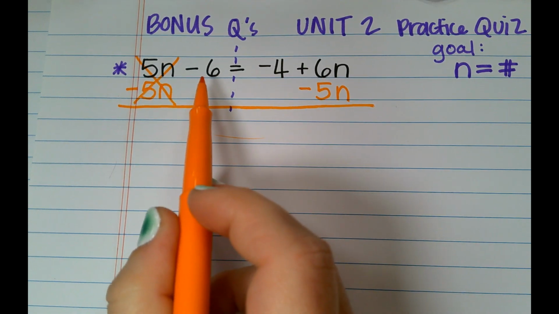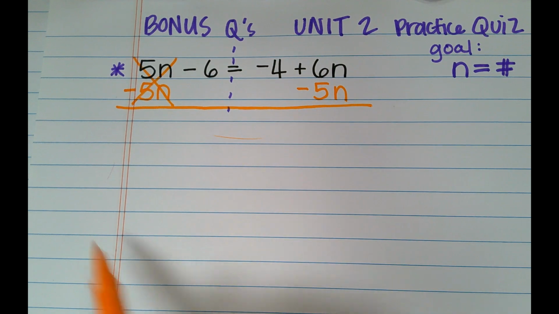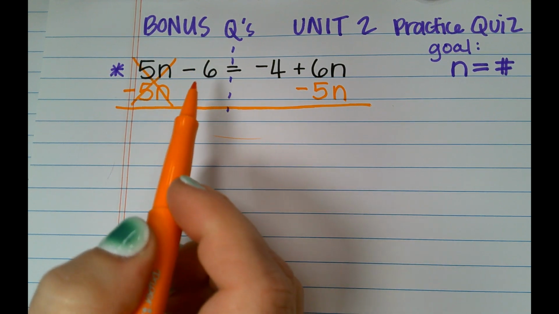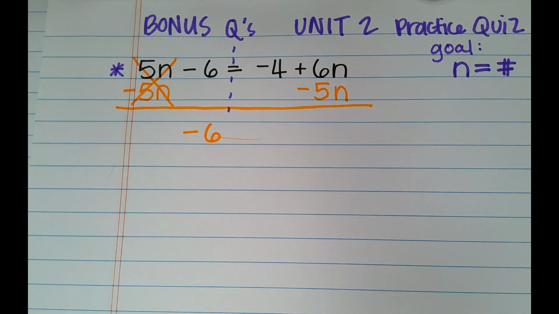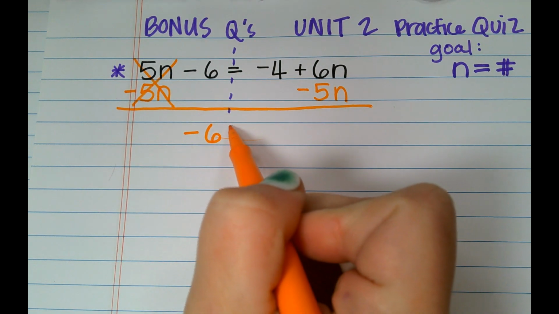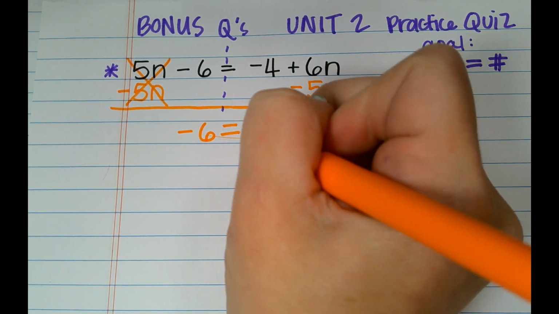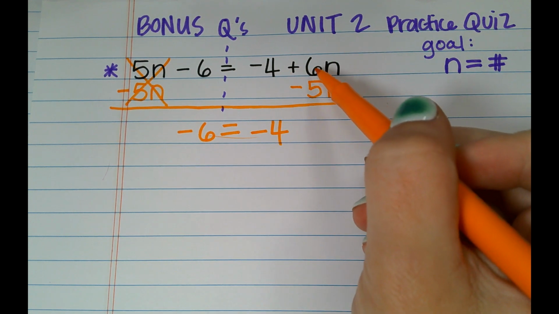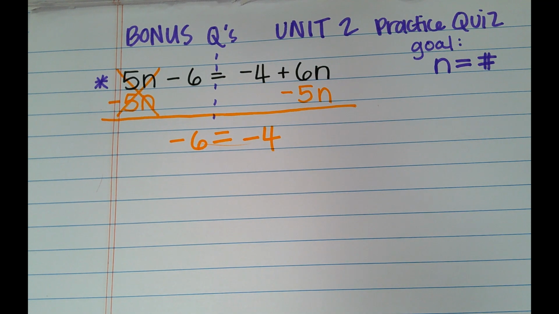So I'm going to go from left to right very carefully and bring everything down. What do I need to bring down on this side? -6. My equal sign. And what about over here? The -4. So what is our answer going to be here? 1n or just n.